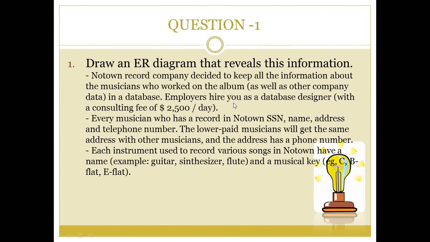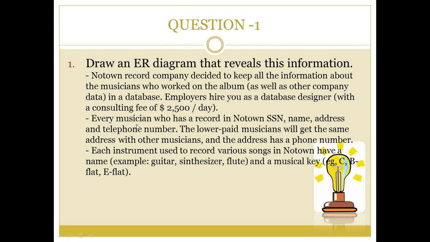Employers hire you as a database designer with a consulting fee of 2,500 per day, and two criteria: every musician who has a record in Norton has an SSN, name, address, and telephone number. The lower paid musicians will get the same address as other musicians, and the address has a phone number.